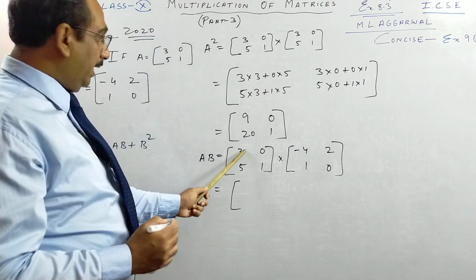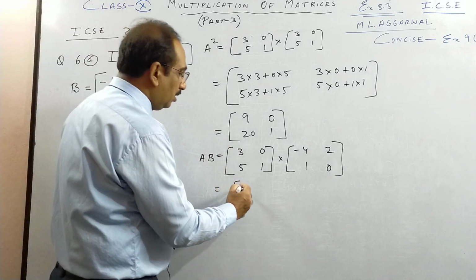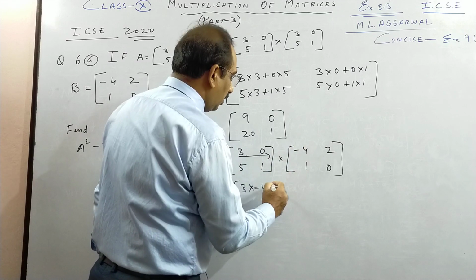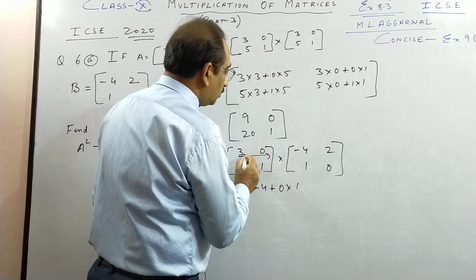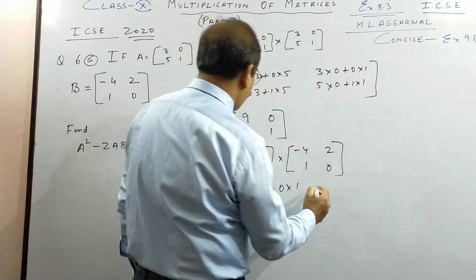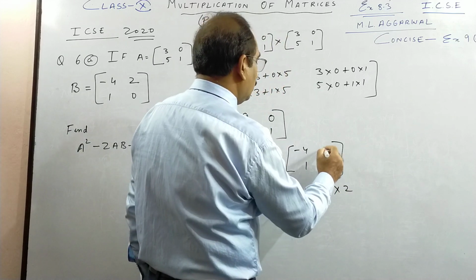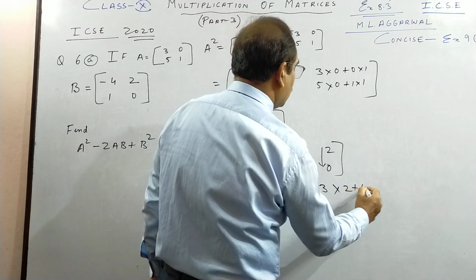So A we multiply with B, 3 into minus 4, first row, first column, plus 0 into 1. So this with this, this with this. Next, 3 into 2, first row, second column, plus 0 into 0.